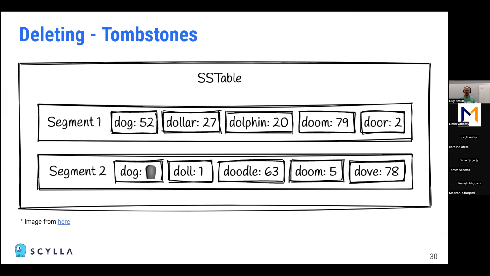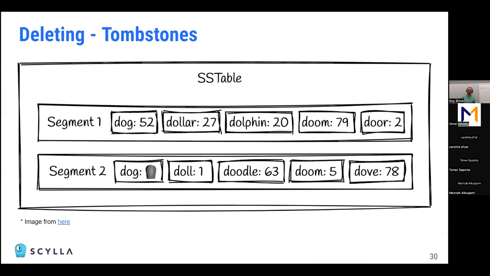And now if we get a read request, we would see that the latest value for dog is a tombstone, and that means that the value is deleted. Once we compact the data, we would see that the latest value is a tombstone for dog, and in the new SS table, we would simply not have that key value pair for dog.